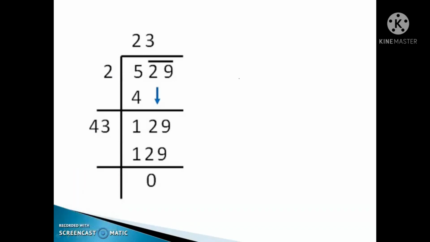Let's see. Here I got 4 and a dash. I started with 1. 41 into 1 is 41. So I didn't get 129.